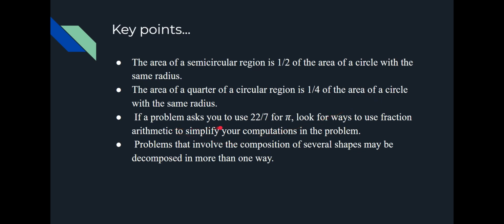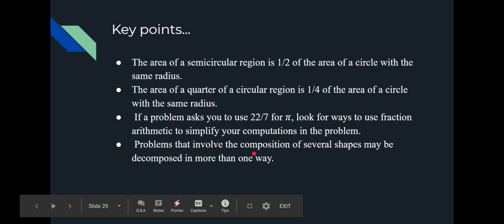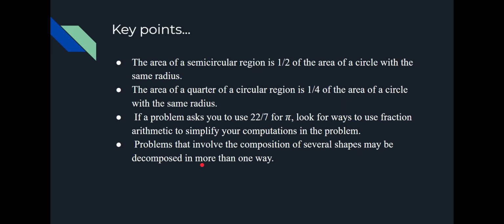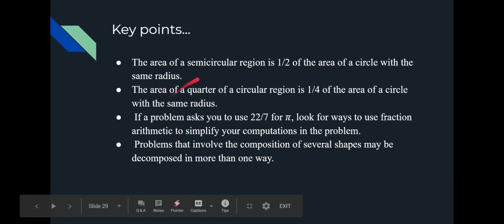If a problem asks you to use 22/7 for pi, look for ways to use fraction arithmetic to simplify your computations in the problem. Problems that involve the composition of several shapes may be decomposed in more than one way. All right? Now, please pause this part of the video and write all of this down.